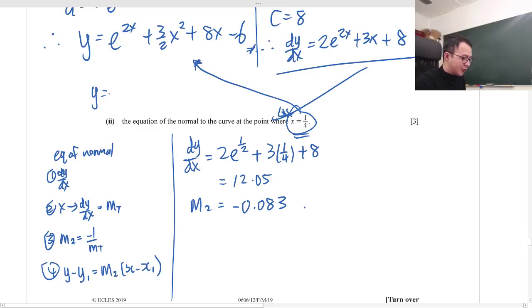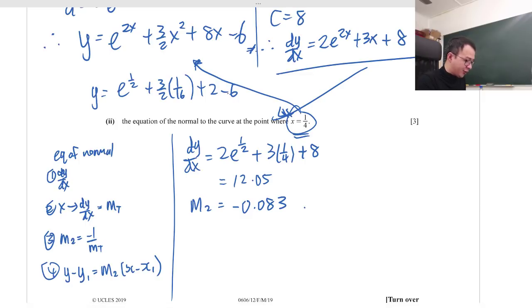Alright, so I just type in the calculator, e^(1/2) plus 3 over 2 times 1 over 16, plus 8 times 1 over 4, minus 6. Okay, then you type this one into a calculator. e^(1/2) plus 3 over 32.